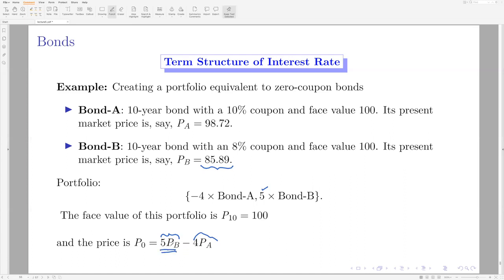You paid 5 times PB and you got 4 times PA. Therefore, the price that you paid is the difference between these two, that is 34 rupees 57 paise. If you write the cash flow from your point of view, this will come as minus 34.57, because this money went from your hand.